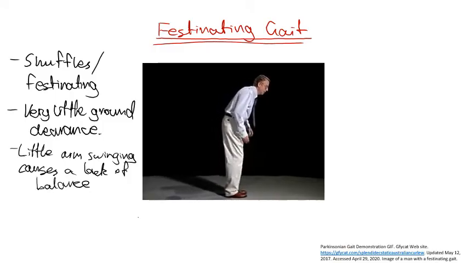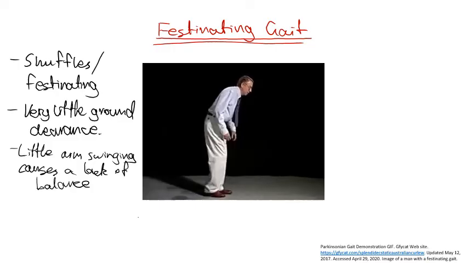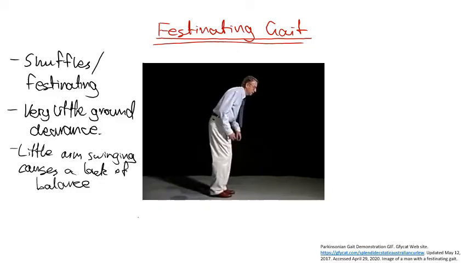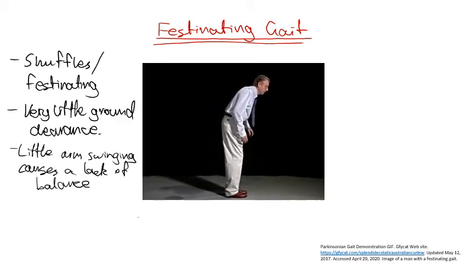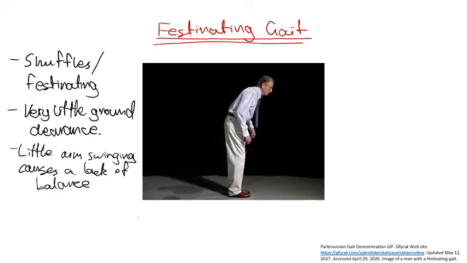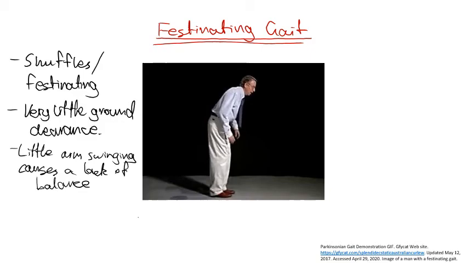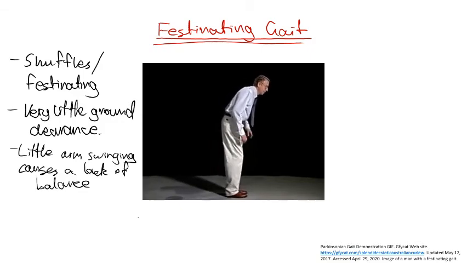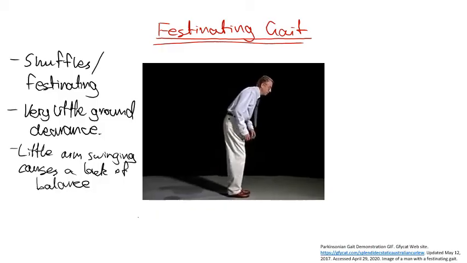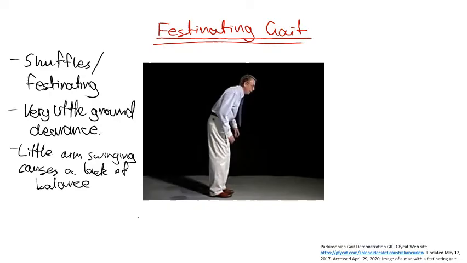So if these people have a larger risk of falling in the first place and they're older, then that means that they have a greater risk of developing hip fractures as well. And I don't need to tell you the risk of hip fractures, because these particular fractures usually result in the death of that elderly patient within 1 year. So as you can see, the Parkinson's gait and the complications that result from a Parkinson's gait can be very, very dangerous.